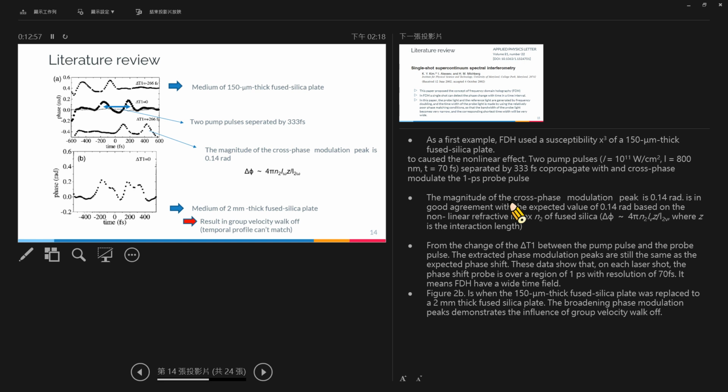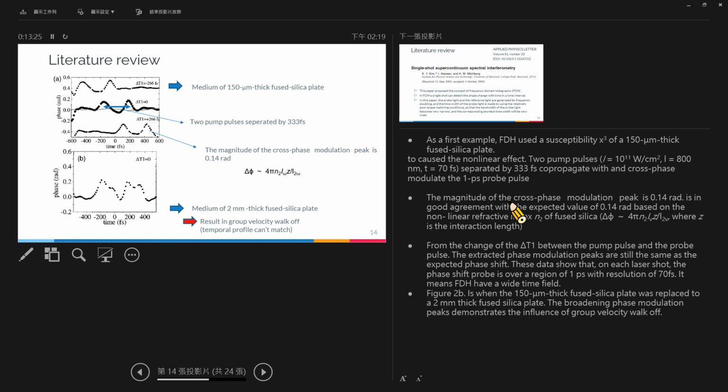We can use this equation to calculate how much radian we want. This equation will be 4 pi times n2, the nonlinear refractive index, times I, the intensity of the pump, and then times the propagation length, the medium length. Then we can calculate how much we want.